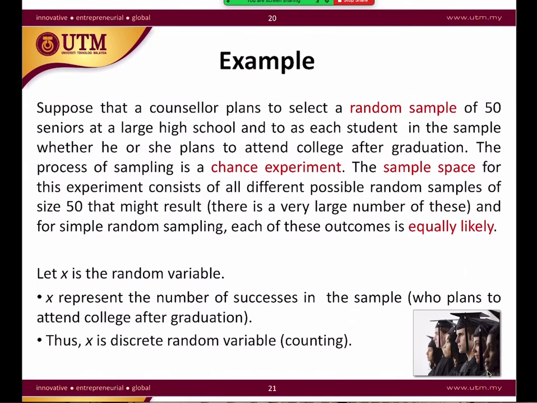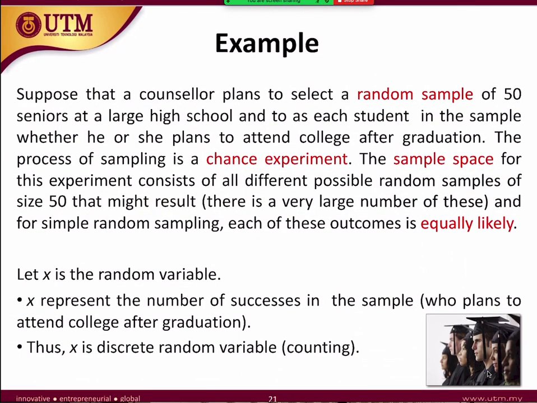So for example, a counselor plans to select a random sample of 50 seniors in a large high school. The counselor asks the students whether they plan to attend college, or in Malaysia, to attend university after graduation.